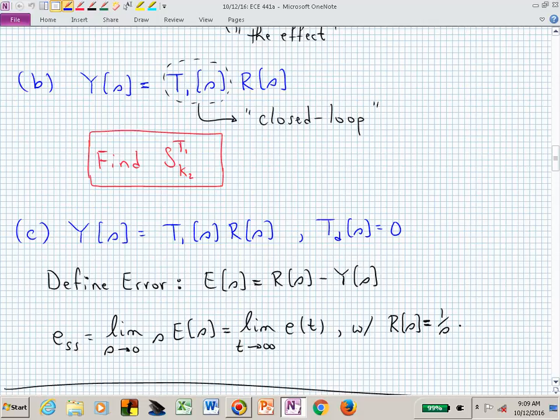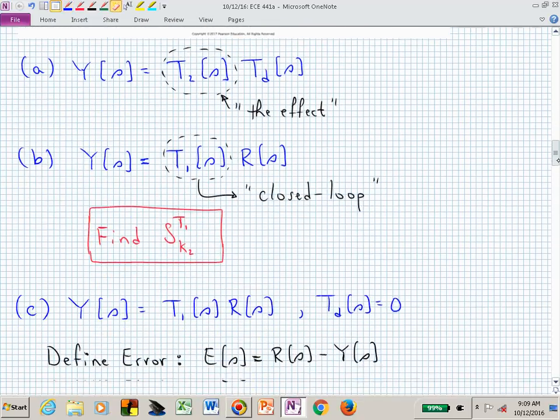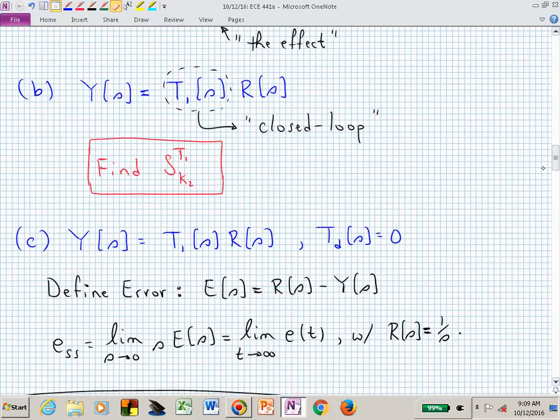And now the error, it's not going to be right here, per se. It's actually going to be just the difference between R and Y. You now compute E as R minus Y. The reason this is not in that same point coming out of the summing junction is because there's some dynamics in the feedback path.